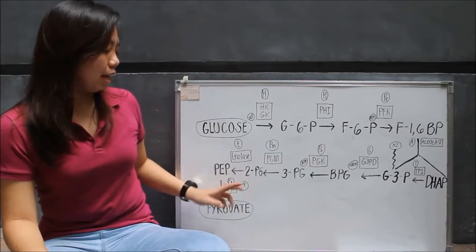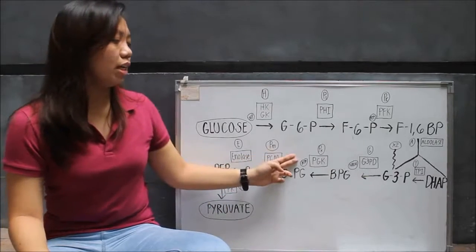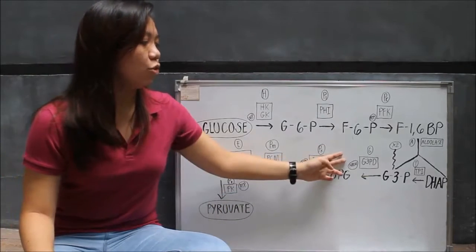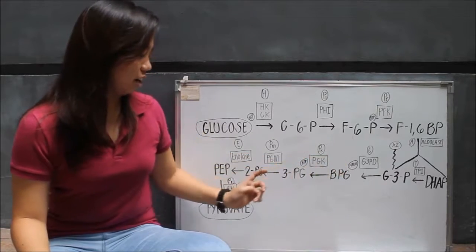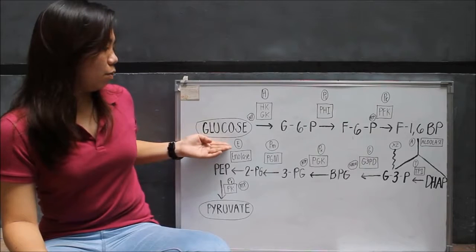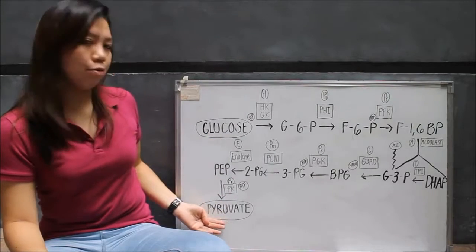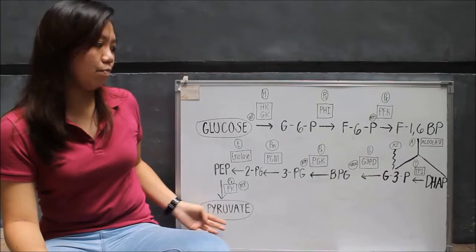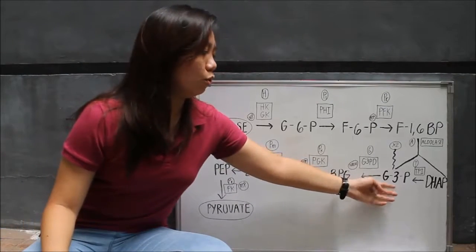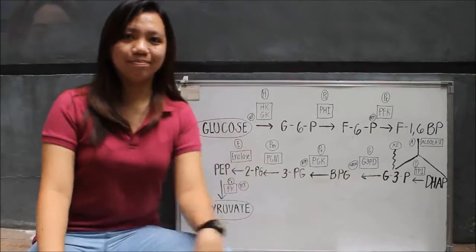So recapping, we have 2 molecules of ATP here, 2 molecules of ATP here, and 2 molecules of NADH here. So the final product of glycolysis using 1 molecule of glucose is 2 molecules of pyruvate, since we have 2 molecules of glyceraldehyde 3-phosphate.